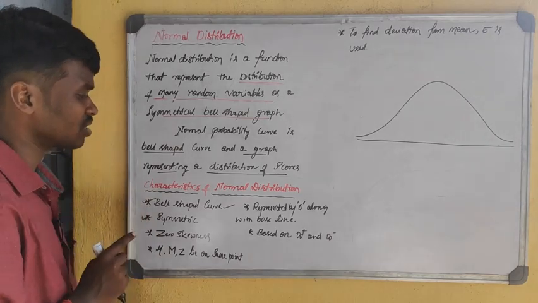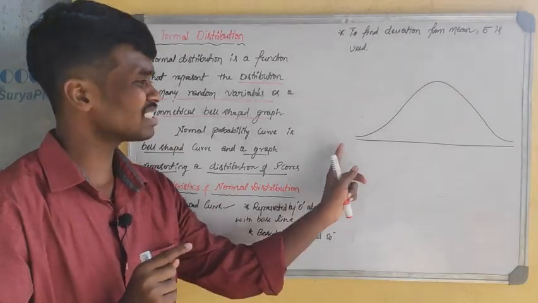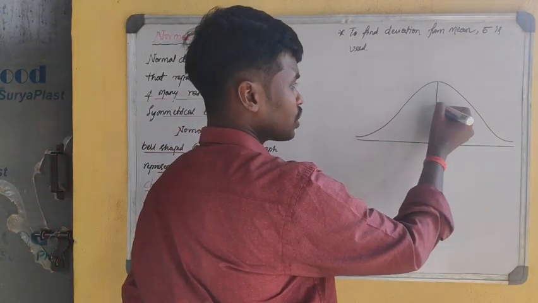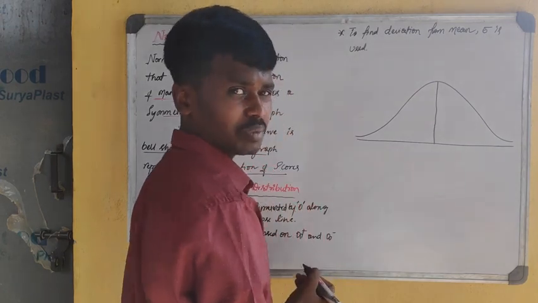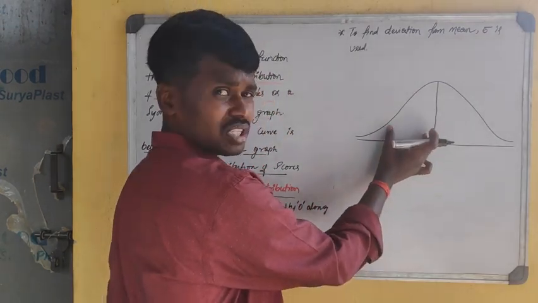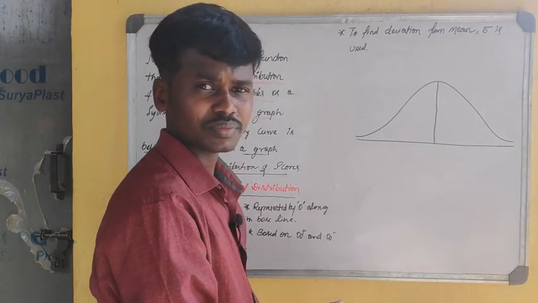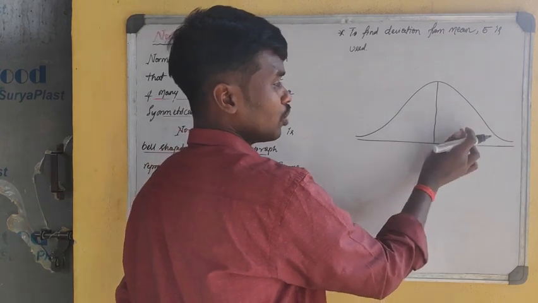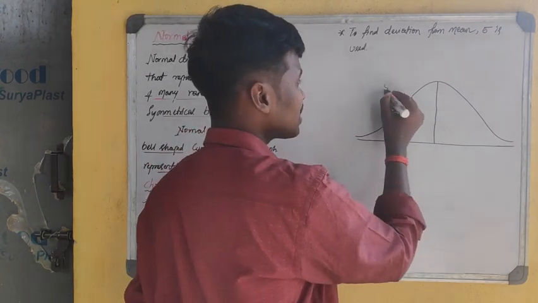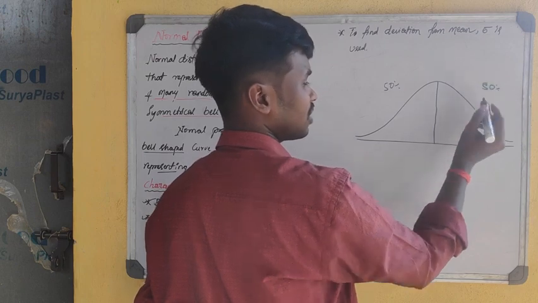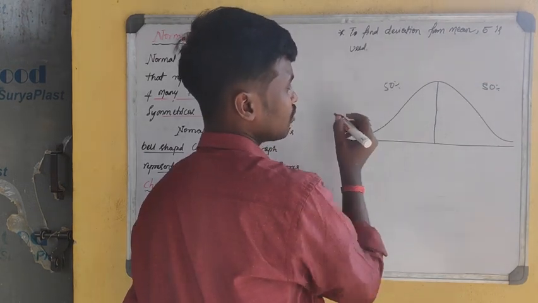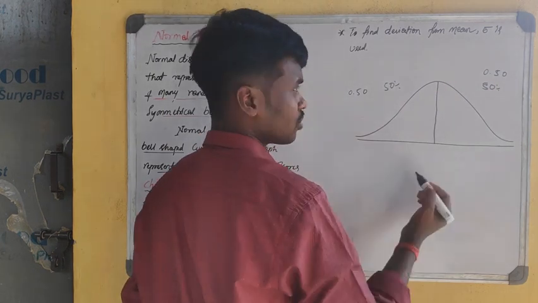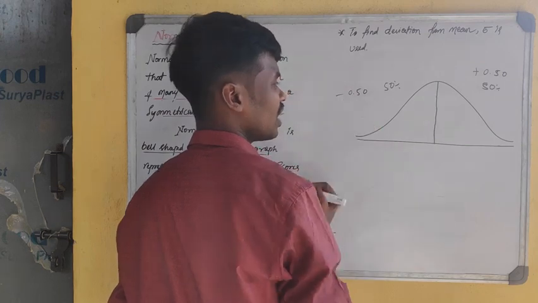The second characteristic of this normal distribution is a symmetric bell-shaped curve, which means a normal distribution will distribute the random variables based on the positive and negative. So this is the positive and this is the negative. It will distribute the random variables 50-50%, that is 2 parts. So this is 0.50 and this is also 0.50, which means positive and negative.